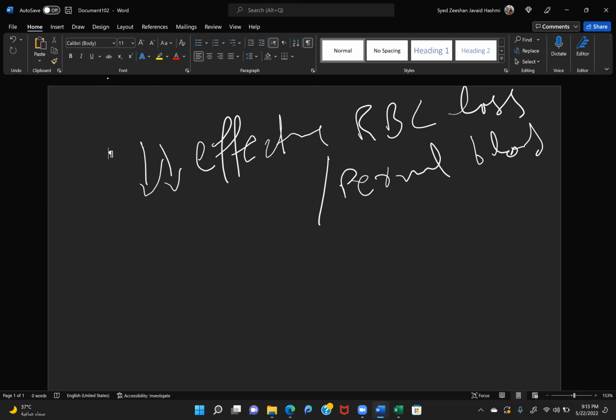Either, in addition to correcting dehydration, you give some extra fluid so that the blood is diluted. This is hypervolemic hemodilution. Or you remove one pack of RBCs and replace it with either colloid one times or crystalloid three to four times. This is normovolemic hemodilution.